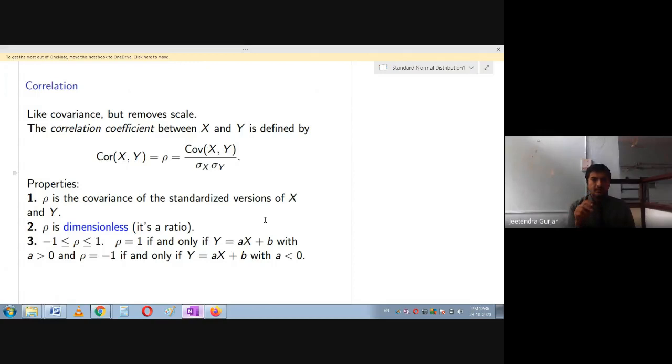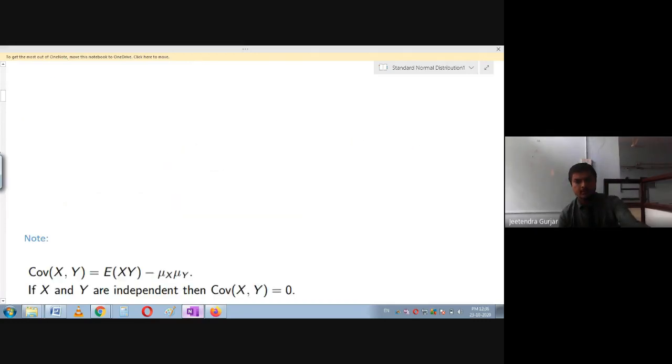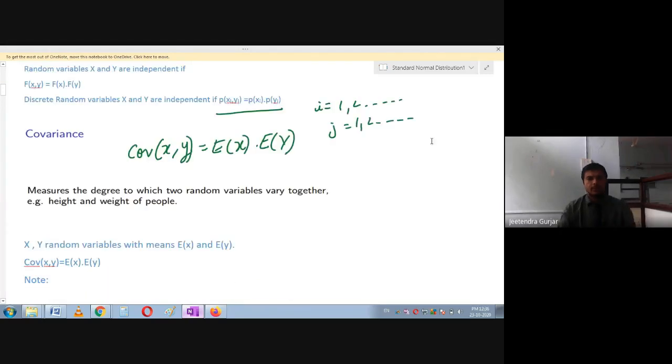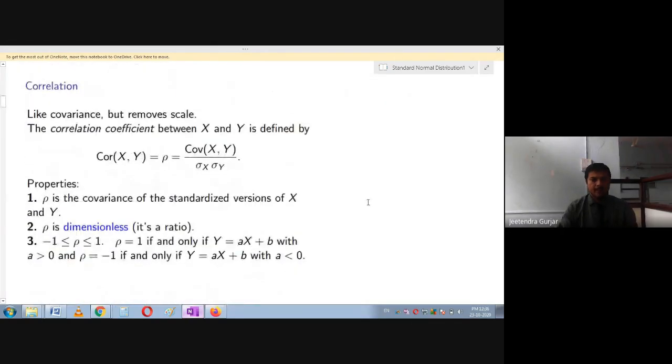So you can identify correlation by this symbol, which is rho. In Greek, we call this rho. Please remember this. It is just a rho in Greek.